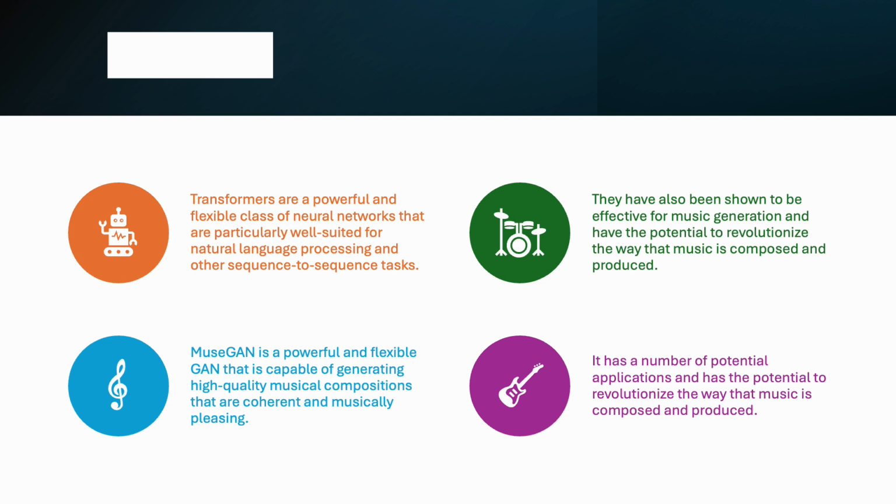MuseGAN is a powerful and flexible GAN that is capable of generating high quality musical compositions that are coherent and musically pleasing. As discussed earlier, it has a number of potential applications. I would suggest you to look at the generative adversarial network in more depth so you understand how this works.